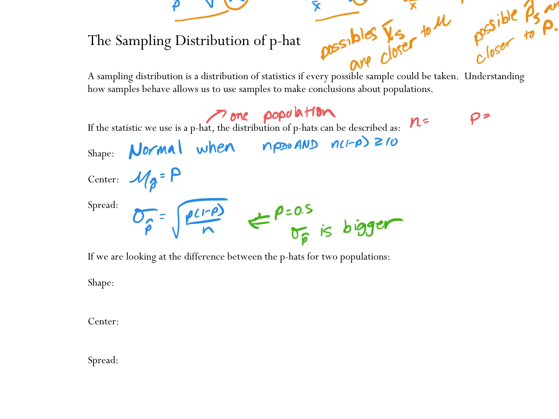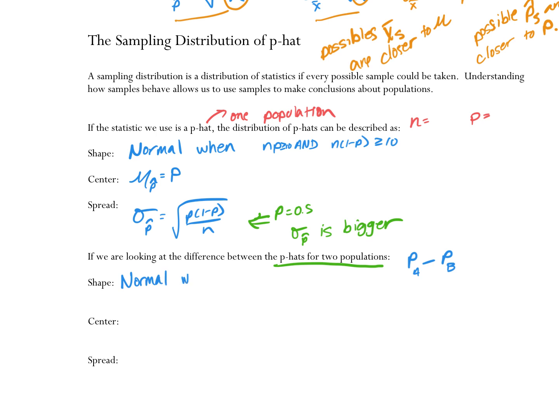All right, now, if we have p hats for two populations, so for example, we might have population A and population B, and then we would want to compare those two. Is there a difference between my two populations? So that one is very, very similar, right?